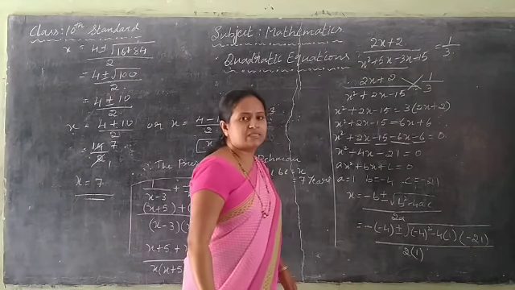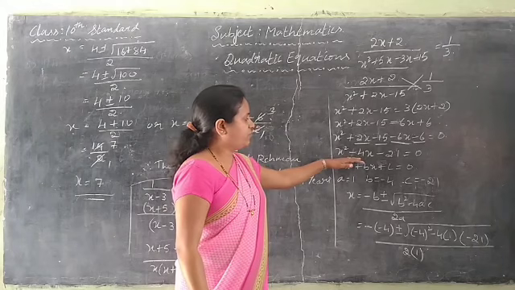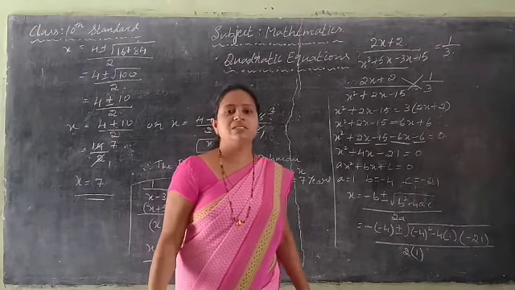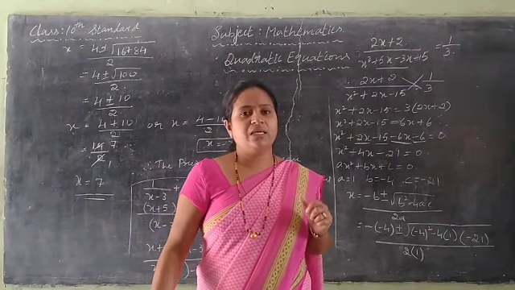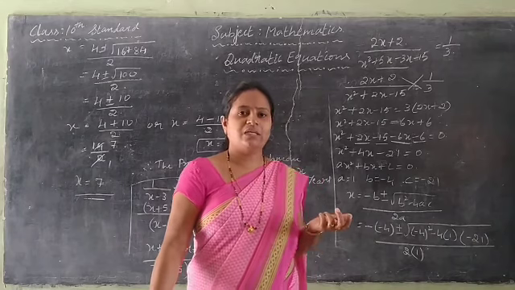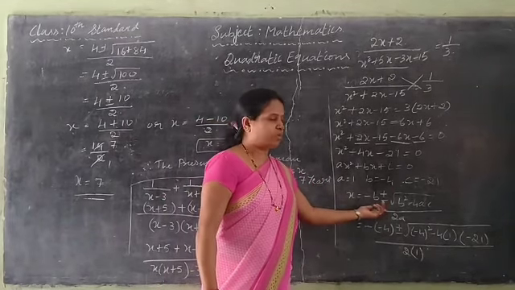It will become minus 6x and minus 6. Right. After the subtraction, we are going to get a quadratic equation, that is x square minus 4x minus 21. This is the quadratic equation. We will compare this with the general form of the quadratic equation. Then we will write the values of a, b, c. That we will substitute in the formula.